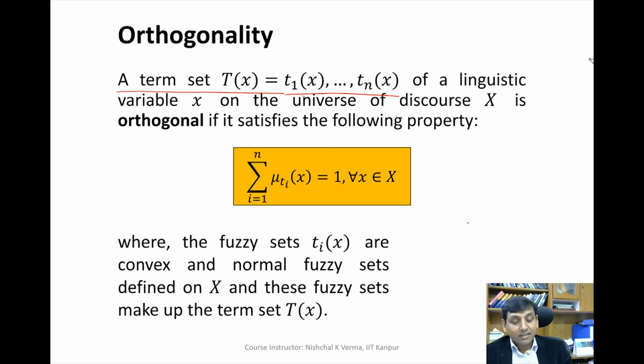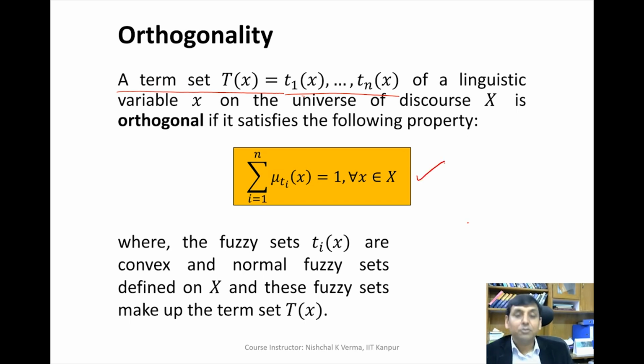If we take the summation of all the membership values for a particular generic variable value x, the summation for i equal to 1 up to small n of mu Ti of x is equal to 1 for every x belonging to the universe of discourse.